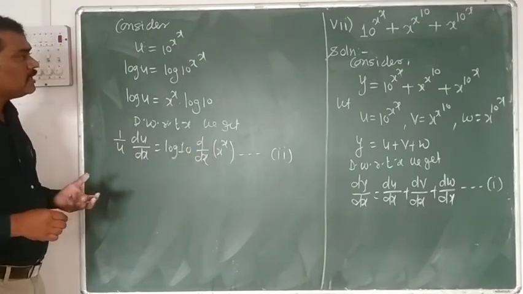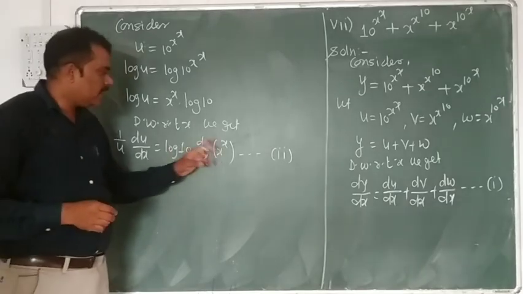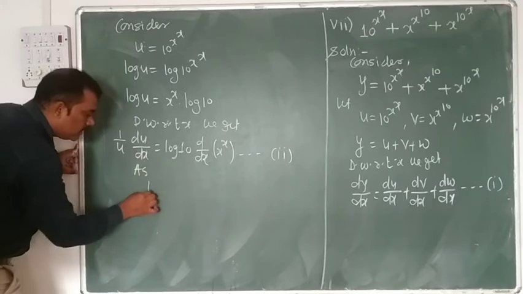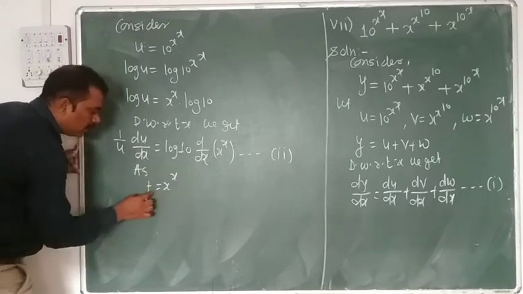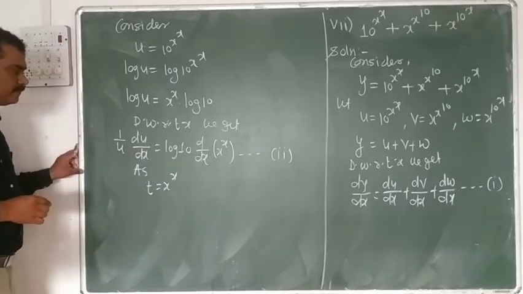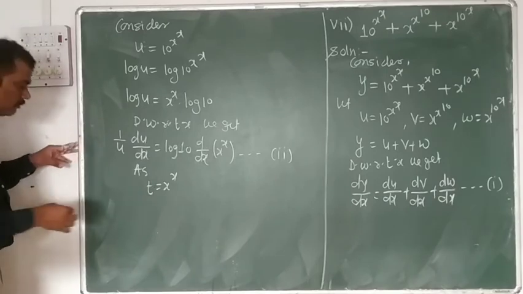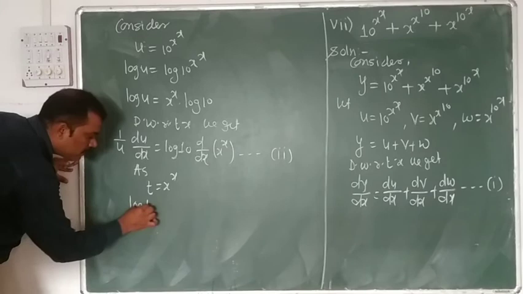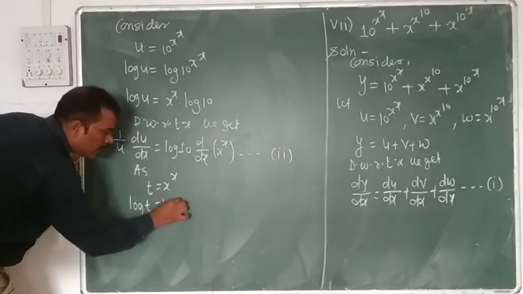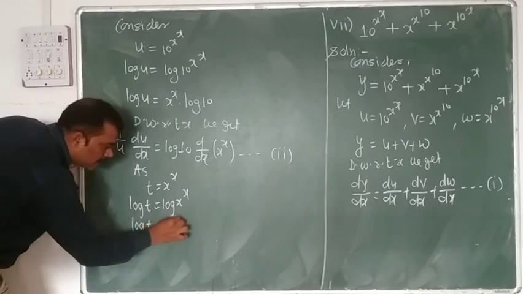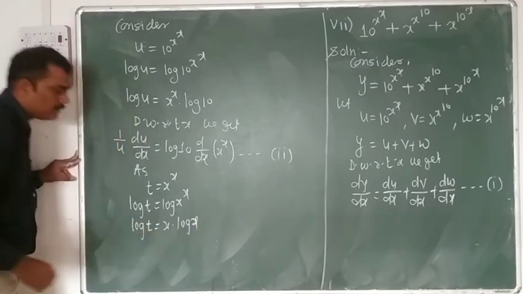Suppose we consider x raised to x as t, that is t is equal to x raised to x. Here it is function raised to function, so we have to take the log on both sides, that is log of t is equal to log of x raised to x, that is log of t is equal to x into log of x.